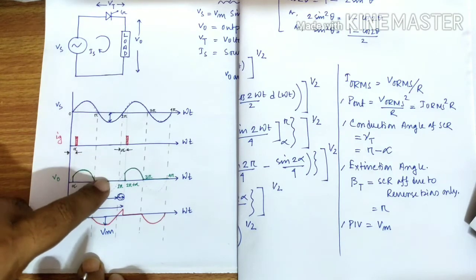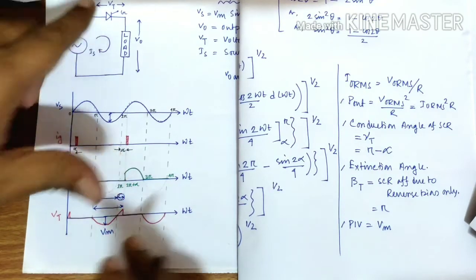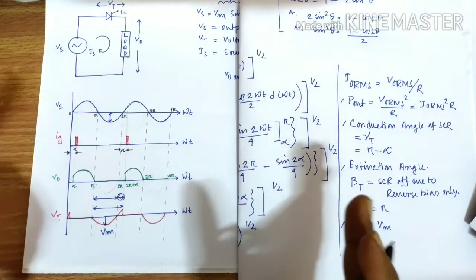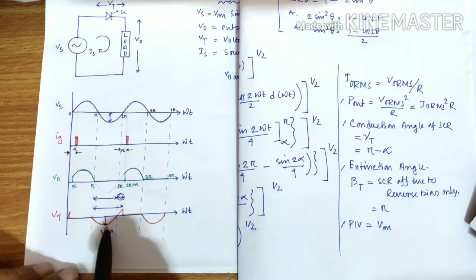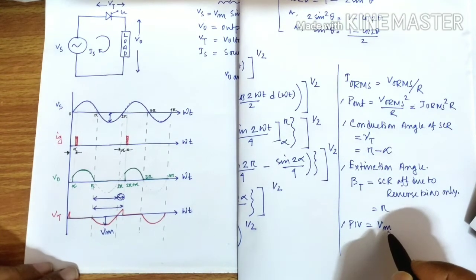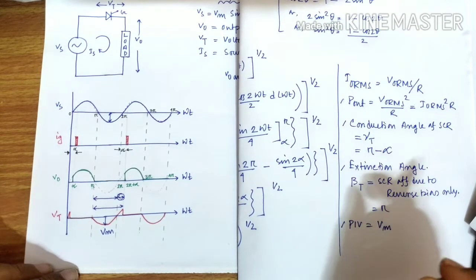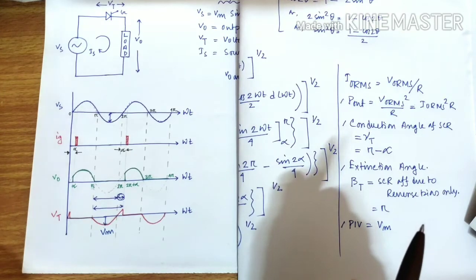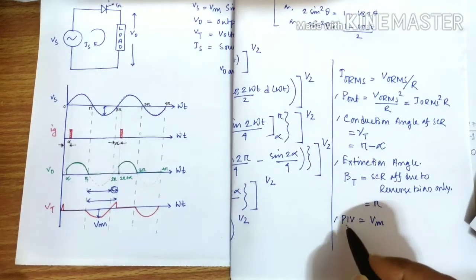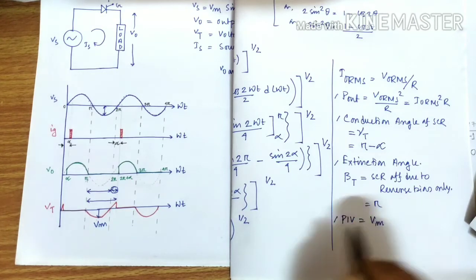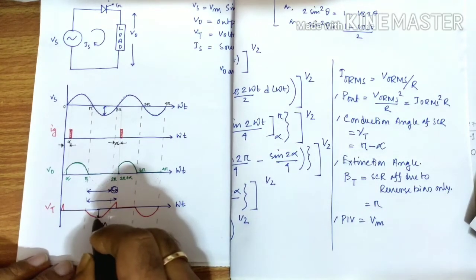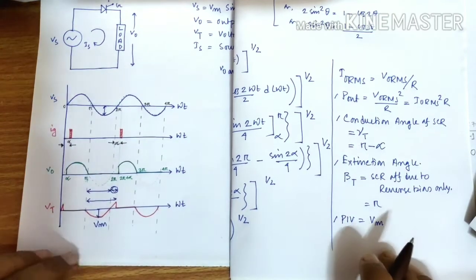So in turned off condition, it has to suffer a voltage applied across it, and that voltage is called peak inverse voltage. So that value is Vm. Remember, we need to put the magnitude only, not the minus sign. Don't write down PIV is equal to minus Vm. It is only Vm. Why? Because we are talking about the amplitude only, not the direction here.